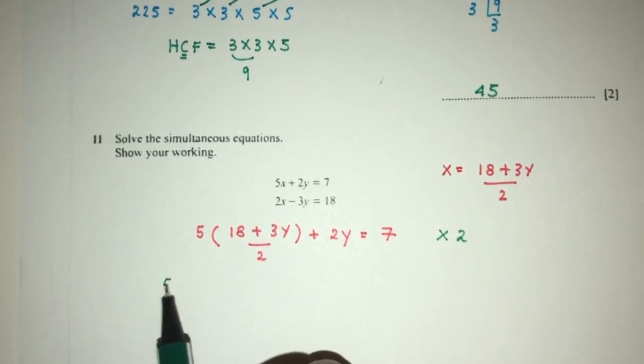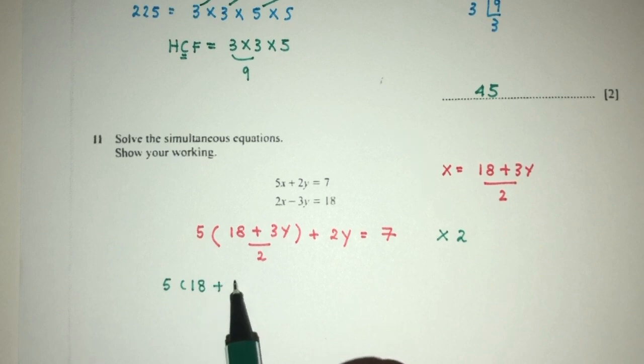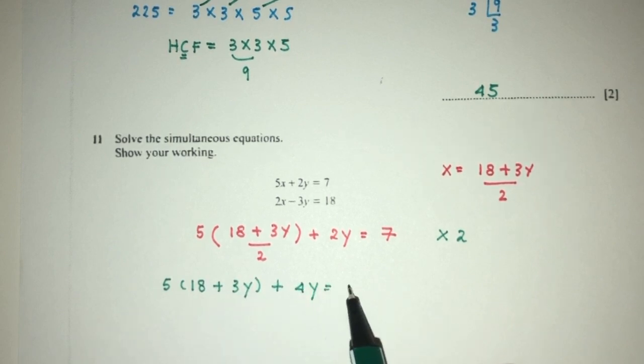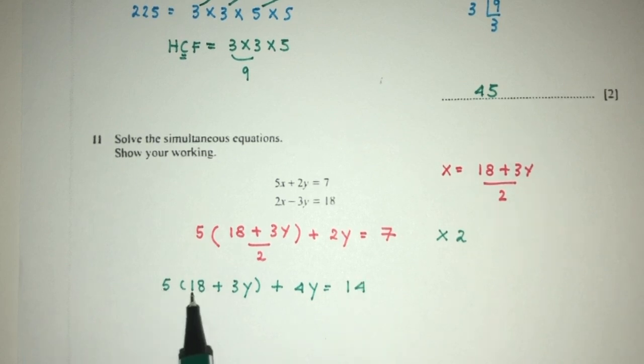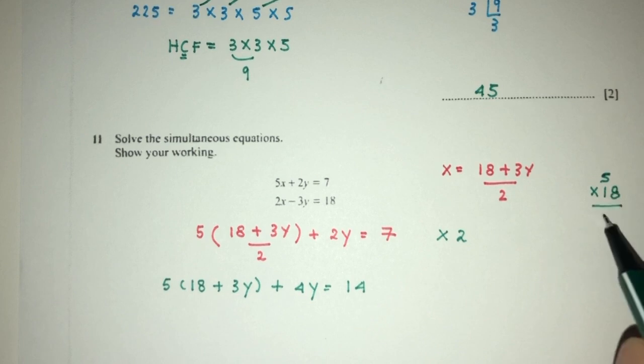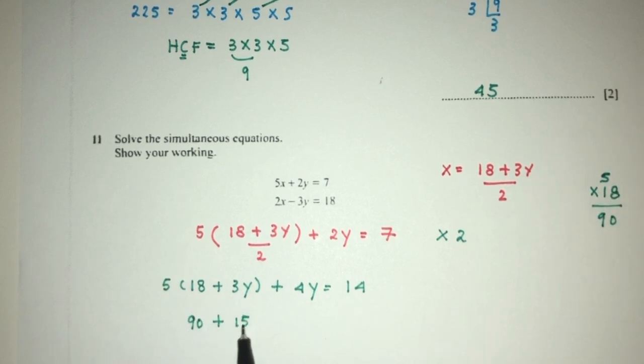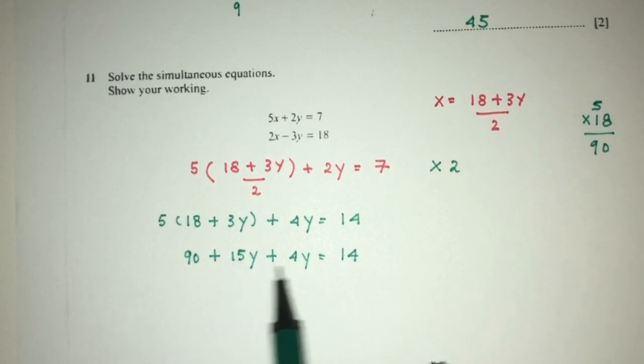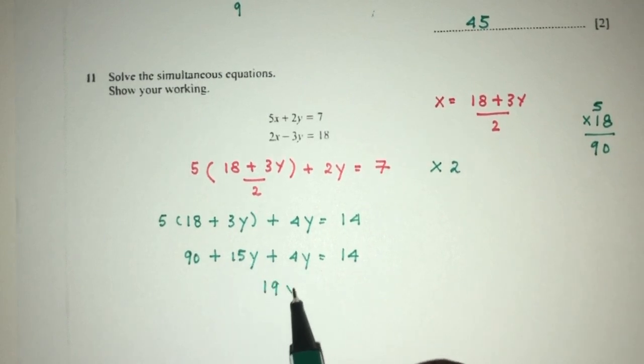So you will have 5 times (18 plus 3y) plus 4y equal to 14. Now 5 times 18 will be 90. So 90 plus 15y plus 4y equal to 14. 15 plus 4 will be 19y.